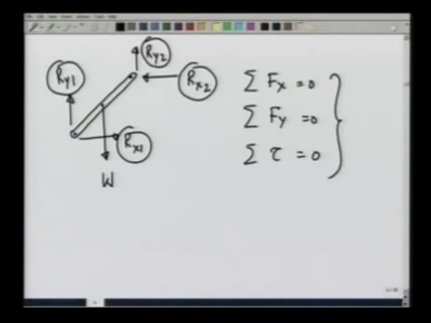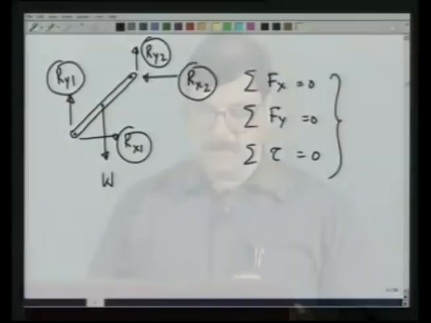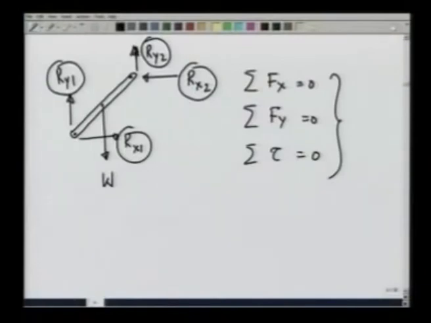So, I am putting an extra constraint here by providing a vertical force at the upper pin also. The conditions I get are that R x 1 is equal to R x 2 according to the way we have shown directions, R y 1 plus R y 2 equals the weight, and the third condition is the torque condition.